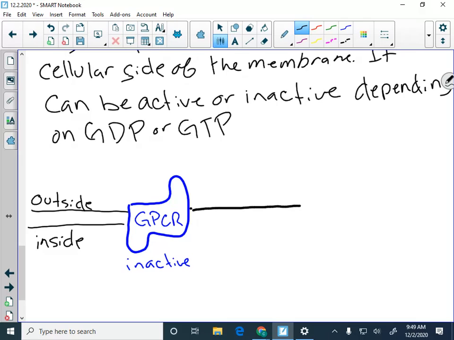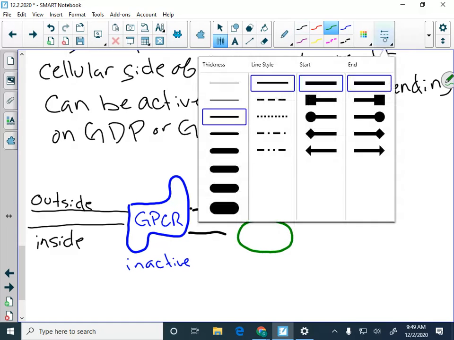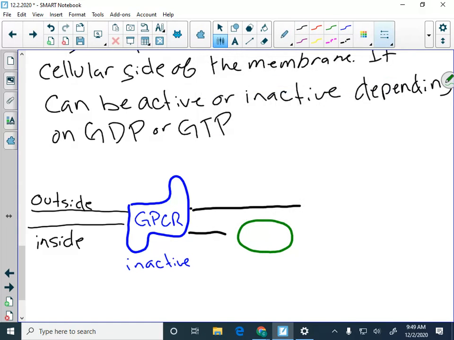Continuing that membrane on a bit, we're going to have something that spans halfway through the membrane. And this is going to be our G protein. So I'm just going to write G and then my little protein symbol. You can write G protein.